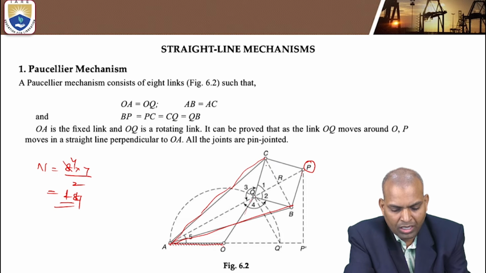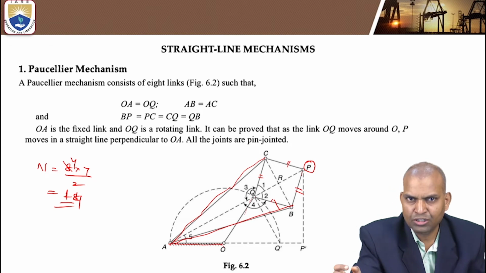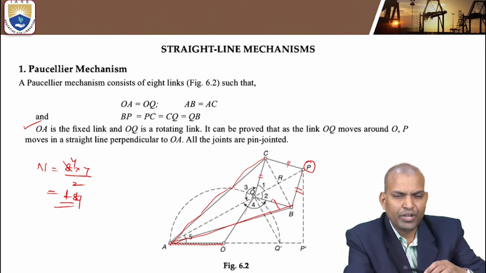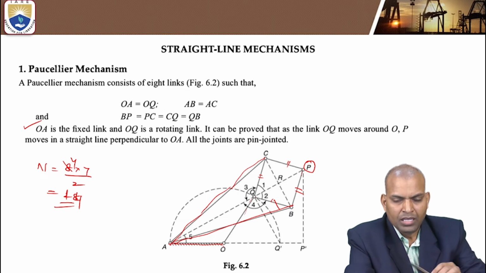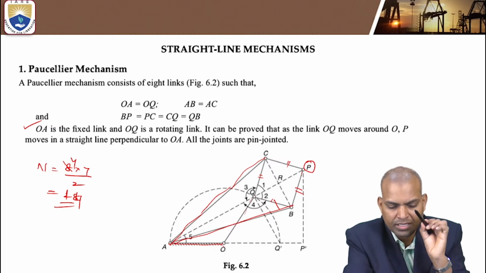So all these are equal sides. And OA should be the fixed link. Then OQ starts oscillating. When OQ starts oscillating, the path traced by P gives a straight line.